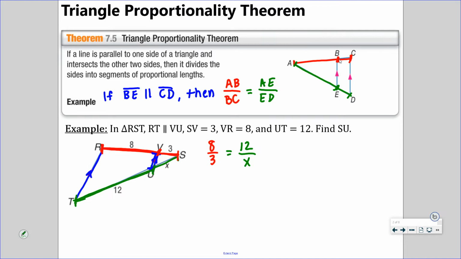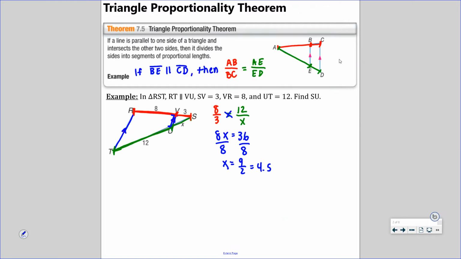Just like all proportions, we can cross multiply to solve this. You can reduce that to 9/2, or you could say 4.5 if you want. So that's the length of SU. I'd probably do a decimal if I'm talking about the length of a piece of a triangle. Again, you could have done your ratios 3 to 8, but then the second one would have had to be X to 12. That's basically the triangle proportionality theorem.